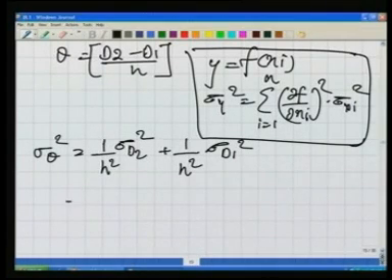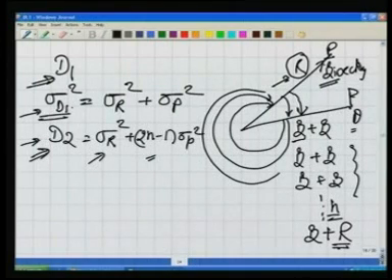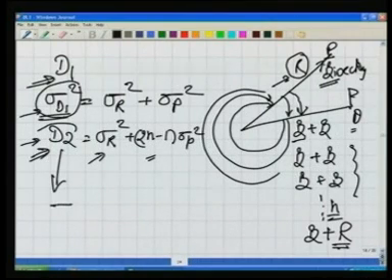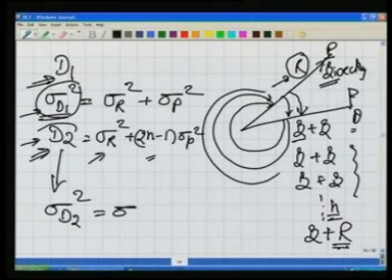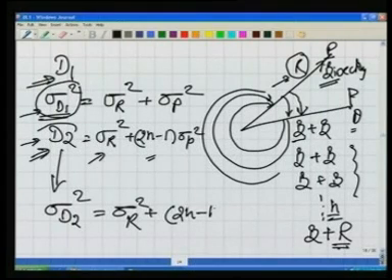Now we put the values of sigma d1 square and sigma d2 square. Sorry, I should write sigma d2 square as sigma r square plus (2n minus 1) sigma p square.